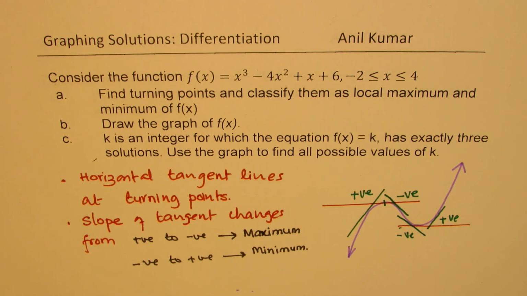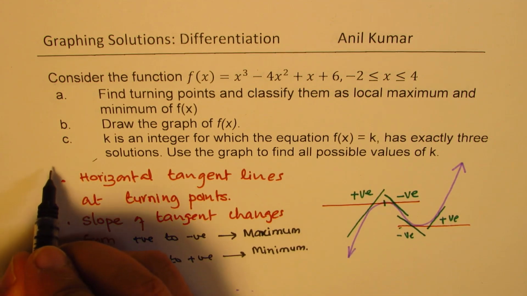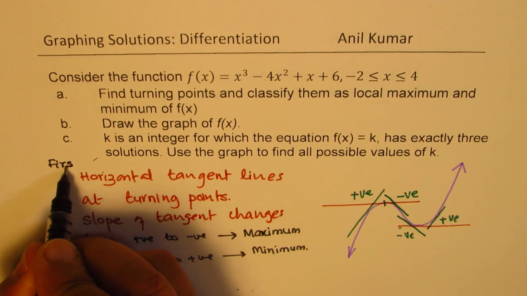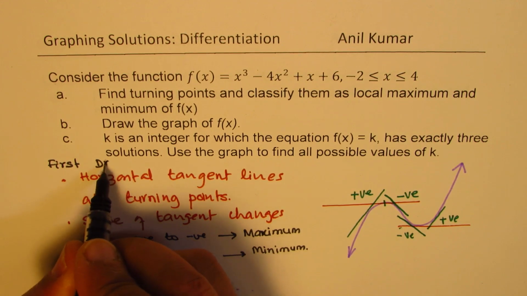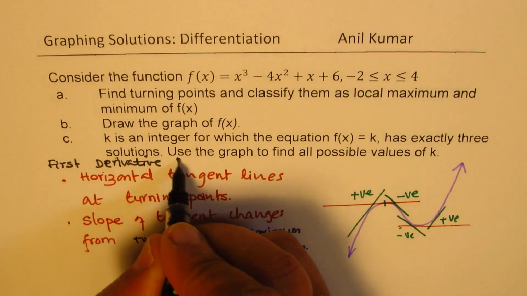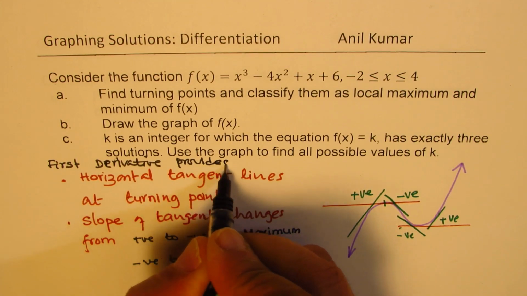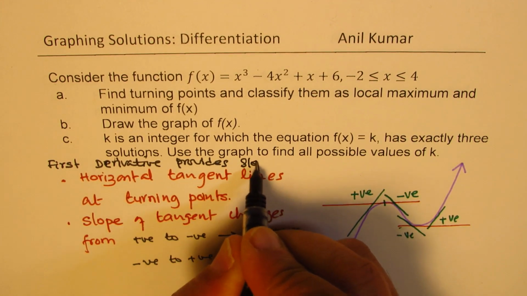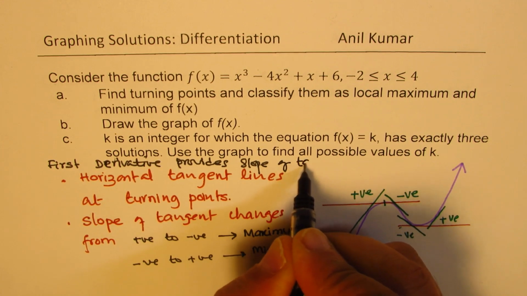So this kind of analysis we do using analysis of the first derivative. So when we have to find the slope, the first derivative is used. So the first derivative provides the slope of the tangent line.